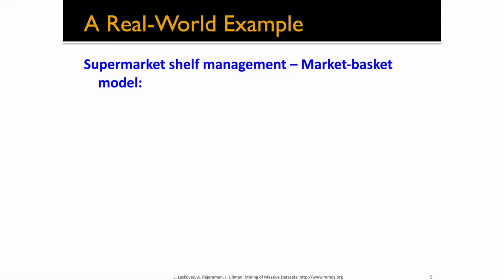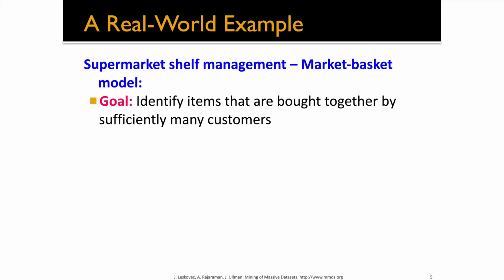For this particular idea of frequent item sets, we'll first ground this in a real-world brick-and-mortar example, where we have some supermarket and the managers or the people who run the supermarket want to figure out where to put items, either placing them in reasonable locations for customers coming in or sitting in a checkout line, or for identifying two items that should be next to each other throughout the supermarket, or potentially very far from each other.